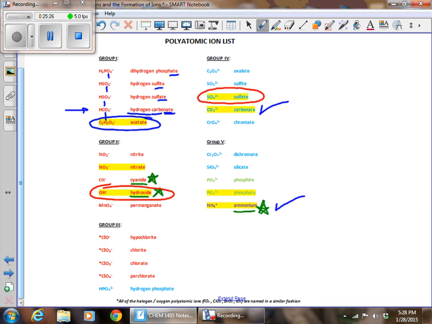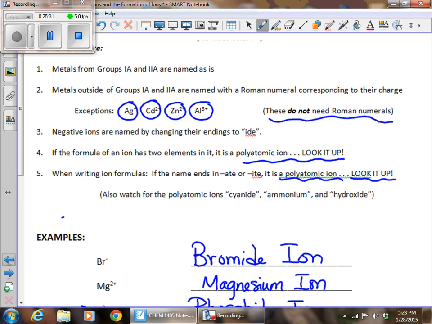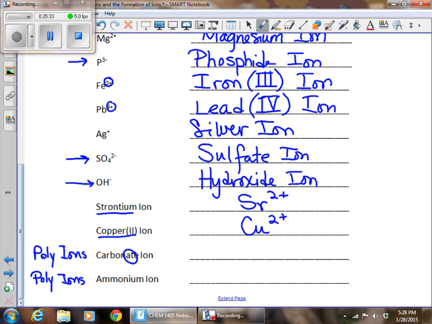Ammonium is NH4 with a positive charge. So going back to our list, let's fill in those last two real quick. Carbonate, CO3. Pay attention to how you're supposed to write those formulas, subscripts and superscripts. And then finally, the last one, NH4 with a positive 1 charge. Ones don't go in formulas, so it's just NH4+.